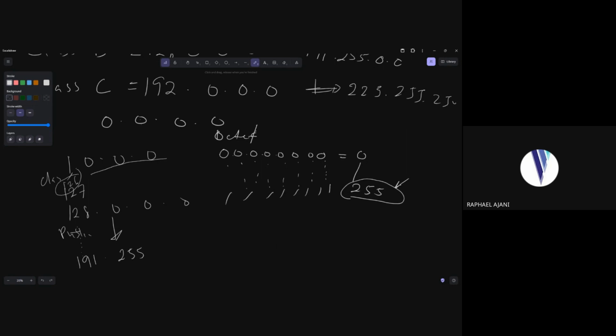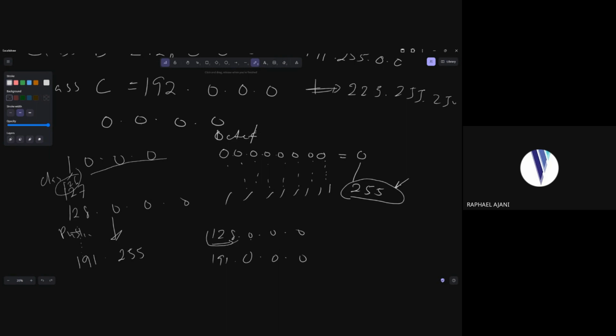And so even though it should be 128.0.0.0 to 191.255, sorry, according to your understanding, it should be 0.0.0, right? The thing is, you need to realize that as you move from this network, you are moving upward up to the next level of the network.